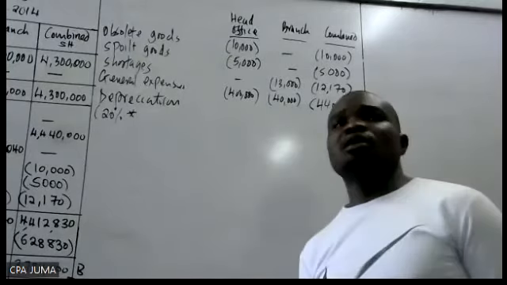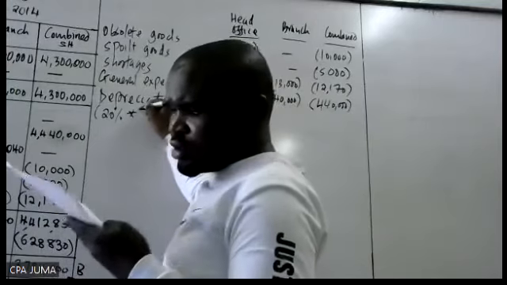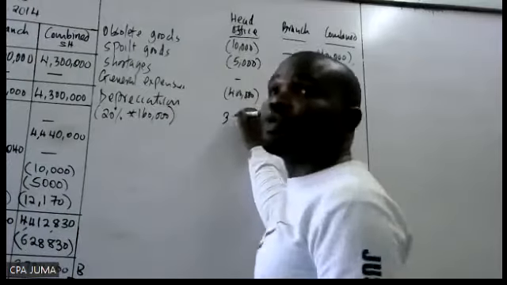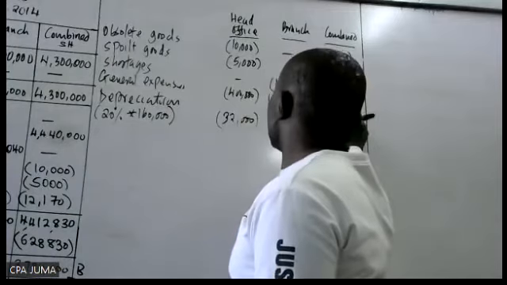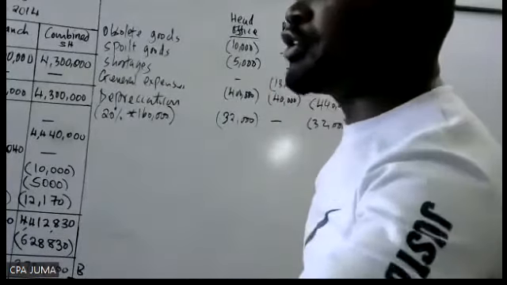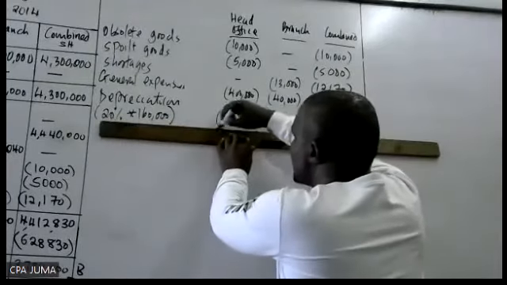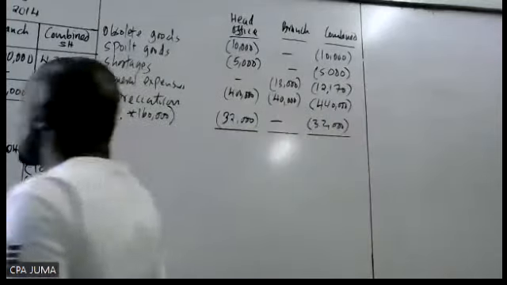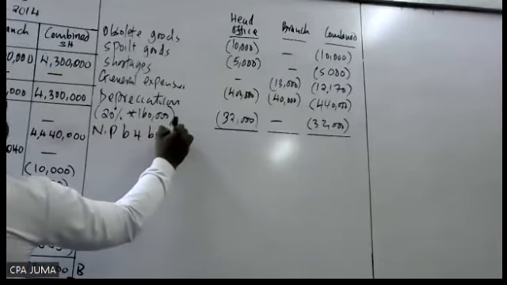Is that okay? It was 160, giving you 32. It was only the head office. So can you take your gross profit for each, subtract, you will get net profit before bonus. Net profit before bonus.